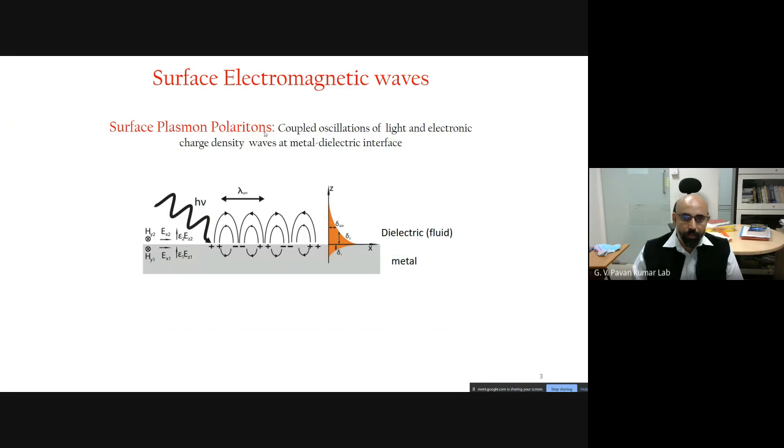Surface plasmon polaritons are essentially the coupled oscillation of light and charge density oscillation. If you take a metal like gold and illuminate it at a particular angle, using a specific defect present on the metal, you end up exciting a coupled electromagnetic wave where the electric field decays exponentially on either side of this interface.